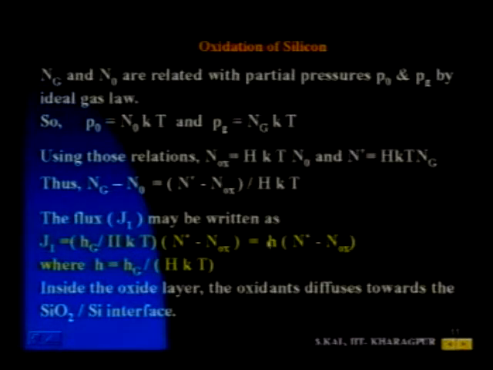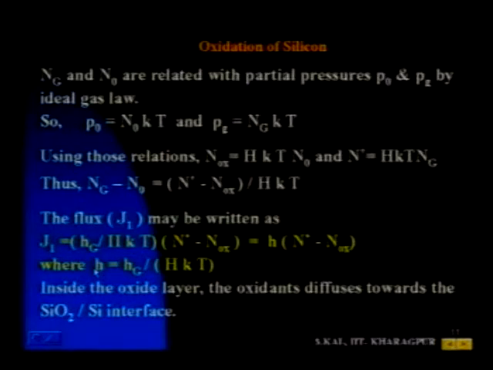And this is equal to small h into N star minus Nox, where small h is equal to hg divided by HkT. This is a substitution. Let us substitute small hg divided by capital HkT is equal to small h.